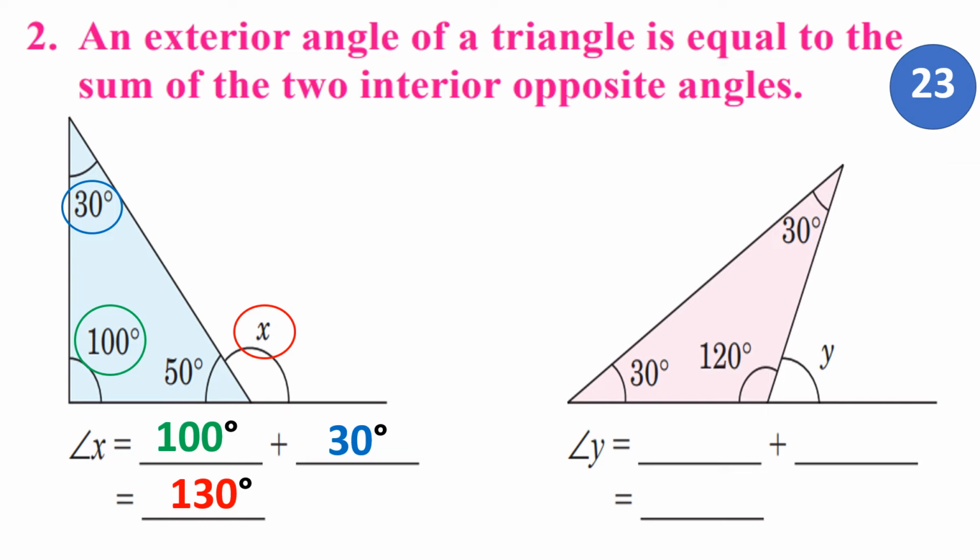And for the other one, we're going to find angle Y, the red circle here. To solve angle Y, you add the interior opposite angles. That is 30 and the other one is 30. 30 degrees plus 30 degrees is equal to 60 degrees. That is angle Y. Correct, students?